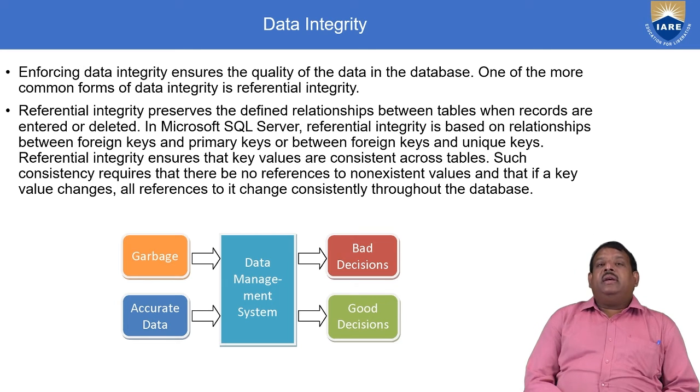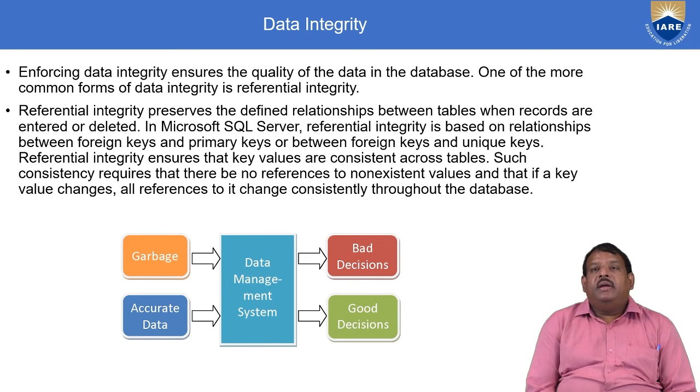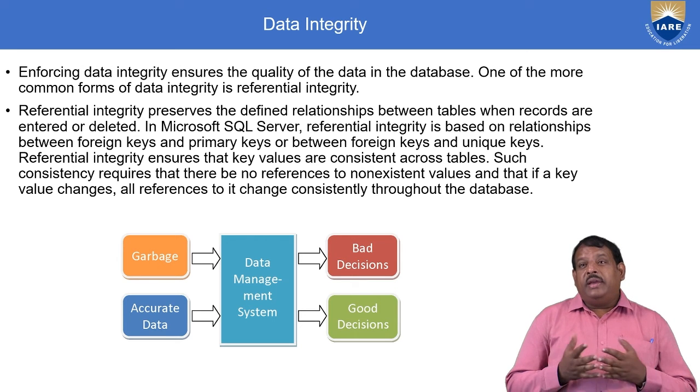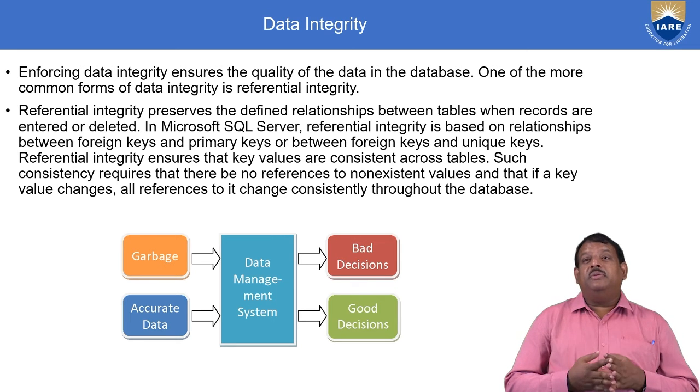Enforcing data integrity ensures the quality of the data in the database. One of the more common forms of data integrity is referential integrity. So what is referential integrity? When your tables are part of a relation, they can be linked by using the primary key and foreign key. This is called referential integrity.